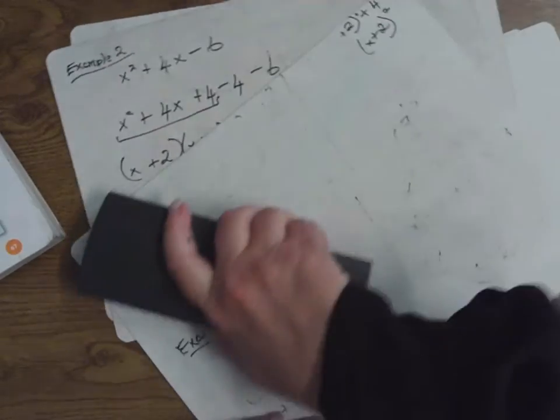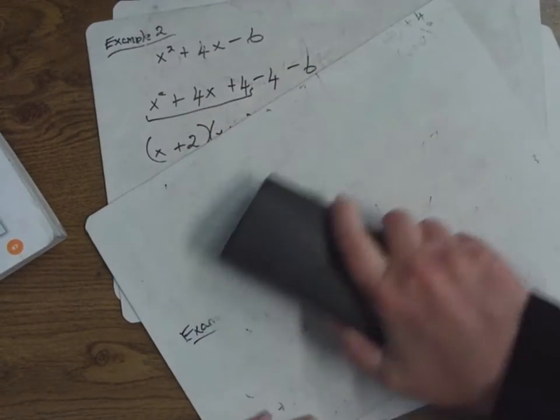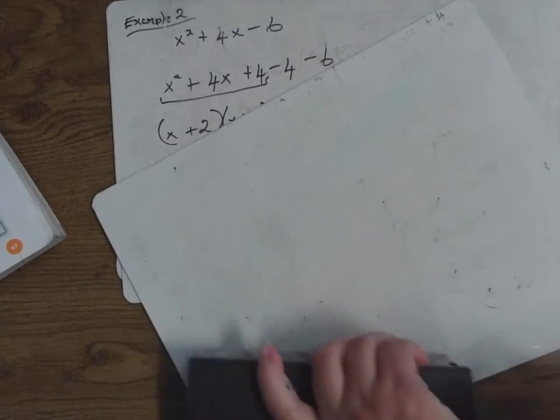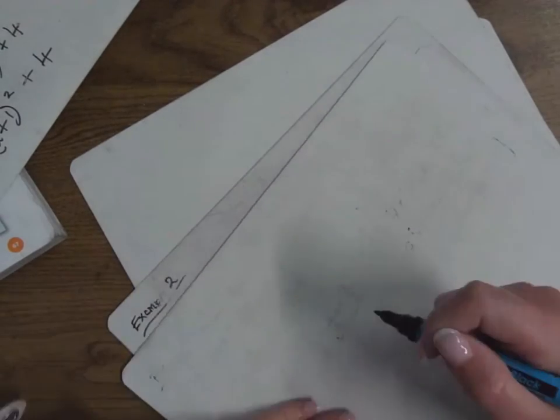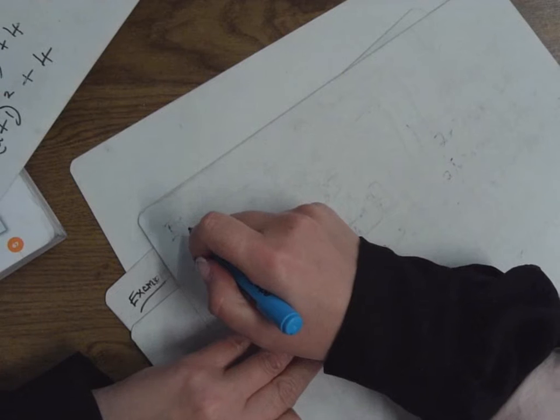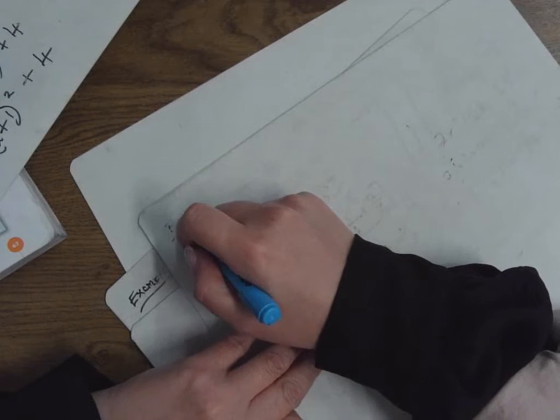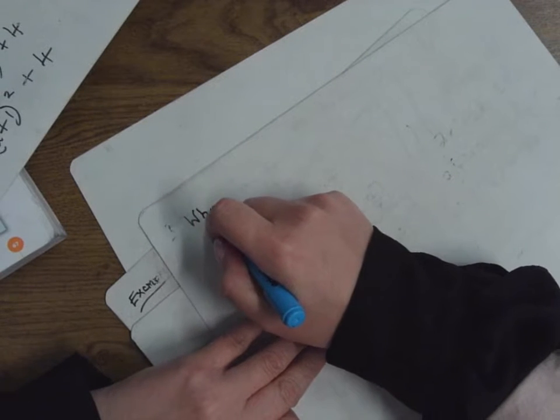How? Now we're just going to do why the hell would you bother doing all that, right? There's a few reasons why you would do all that. So the first reason is, why complete the square?